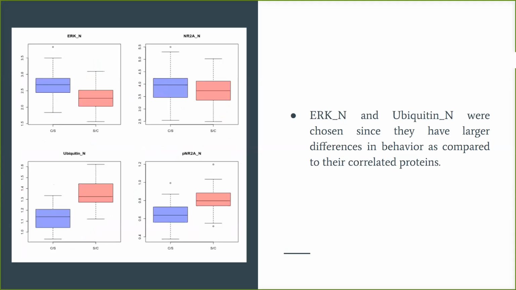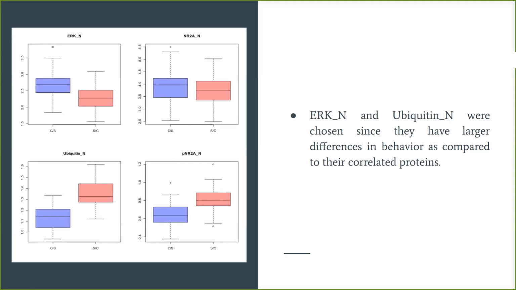And then from these proteins, we choose the ones that have high magnitude of loadings, and we try to plot because we already see that the different behaviors have some kind of separation. So we try to create a box plot and see which ones have a distinct difference.